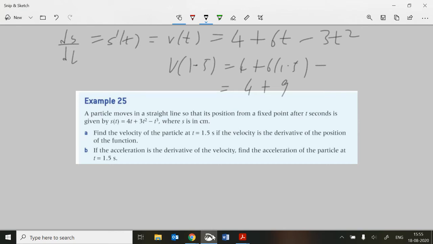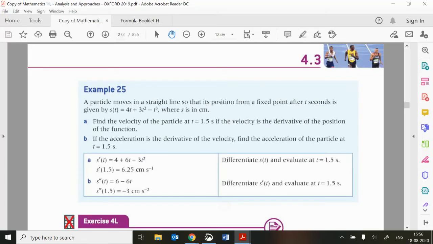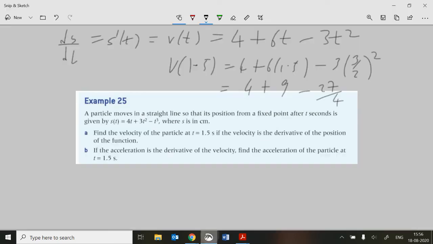We're getting 3 lots of, and let's just do this in terms of fractions, 3 over 2 squared. And so that's giving us 27 over 4. Now you can obviously simplify that one yourself. Let's see what they're coming up with as the answer. We're getting 6.25. This is giving us 6.25 meters per second. Remember, m per s is the same as saying m s to the minus 1. That's essentially just taking the reciprocal of s.